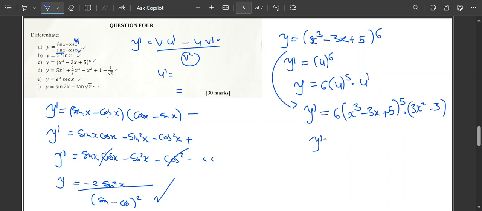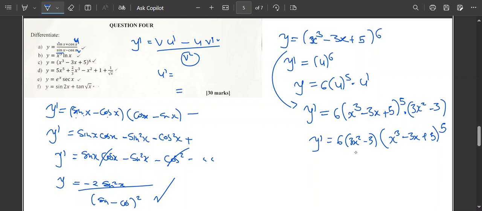So now our y prime is equal to, this 6 will multiply with that because it's direct, there is no power there. So that will be 6, open bracket, 3x squared minus 3, okay, then x to the power 3 minus 3x plus 5, open bracket 5.